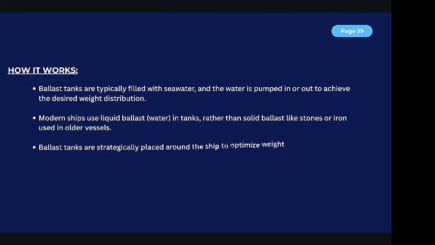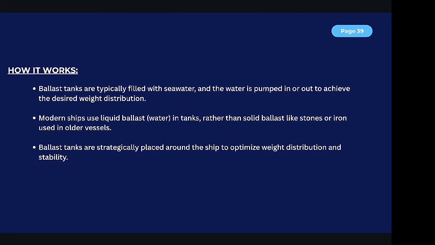So how does it work? The ballast tanks are typically filled with seawater, and the water is pumped in or out to achieve the desired weight distribution.